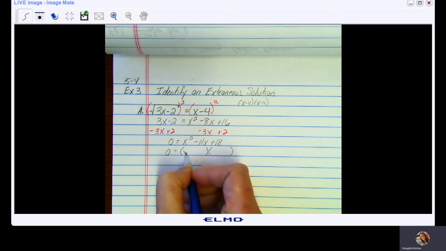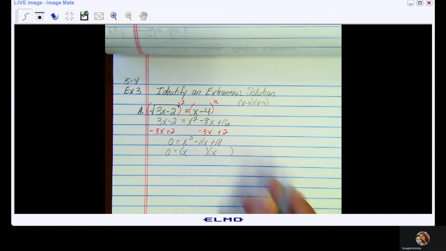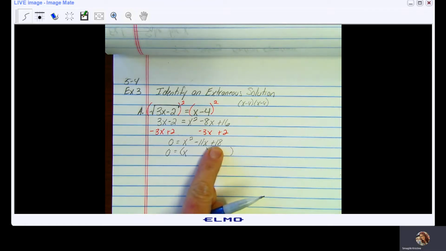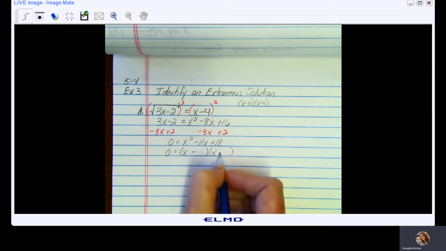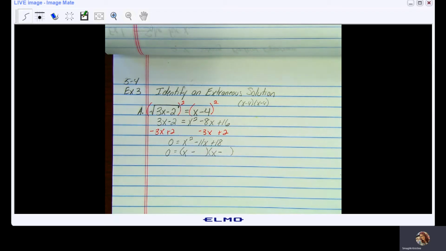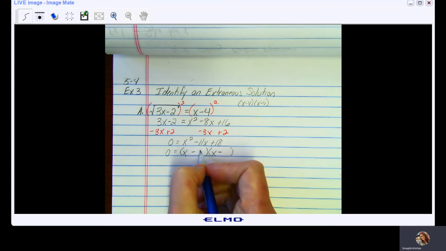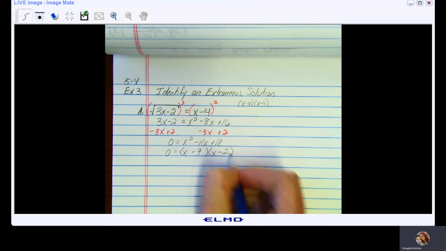I can drop my x's in. My c value is positive. That means my signs are the same. Middle tells me what they are. They're both going to be negative. Two numbers, when I multiply them, I get positive 18. Add them, I get negative 11. I'm thinking negative 9 and negative 2.